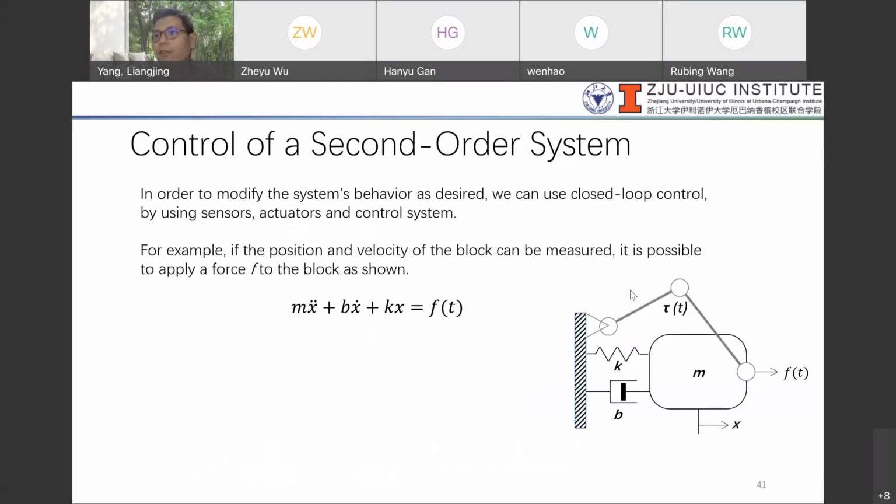So now, say we have this robot here and we have the ability to send some inputs here. If we put in an input, that will of course result in a force, right? And eventually the dynamic equation will look like this time around.